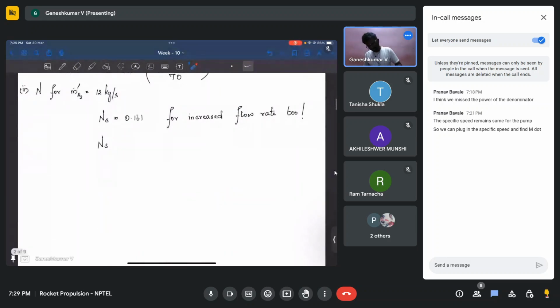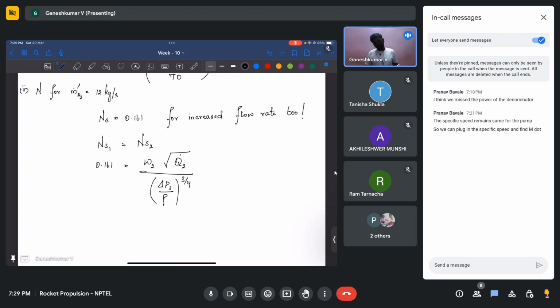All right. So this is for operating condition 1, let's say. This is for operating condition 2. For condition 1, we already found the specific speed. For condition 2, we put omega 2 times square root of q dot 2, divided by delta p2 by rho to the power 3 by 4.